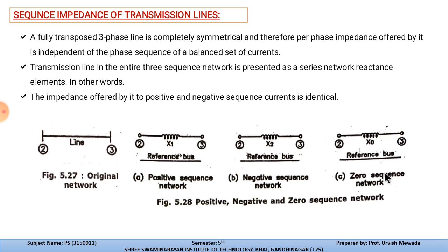Therefore we can draw the original network in the positive sequence, negative sequence, and zero sequence this way. So this is the sequence impedance of the transmission line.